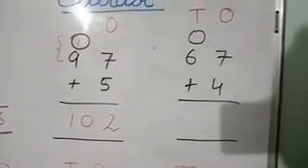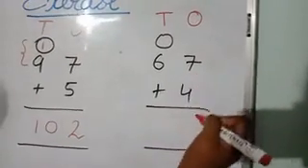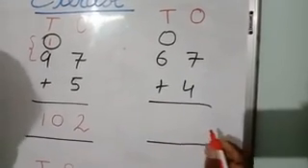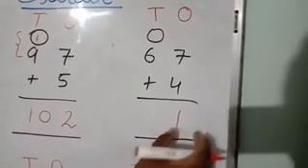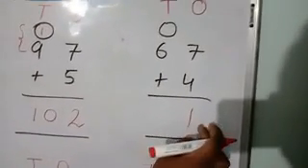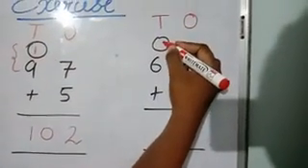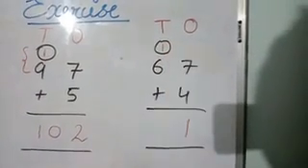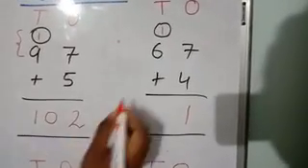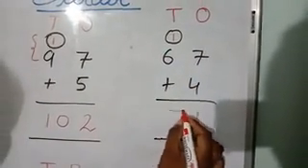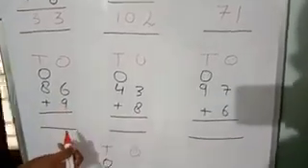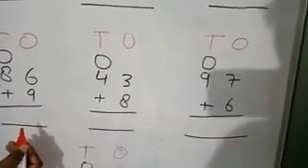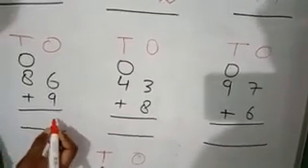Now the next one is 7 plus 4. 7 plus 4, 11. Only 1 we write, and another 1 goes on the top of 6. So 6 plus 1, 7. Now the next one is 6 plus 9. 6 plus 9, 15.